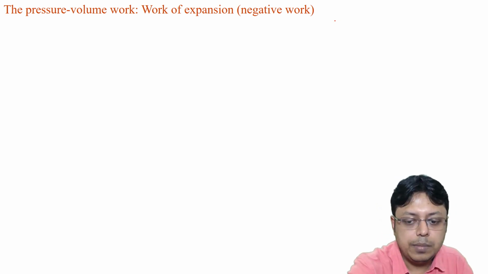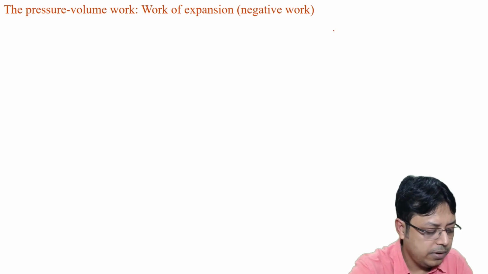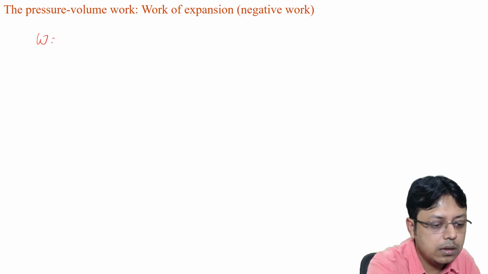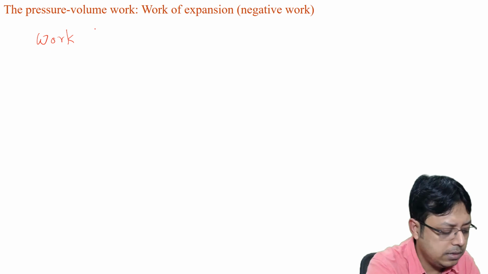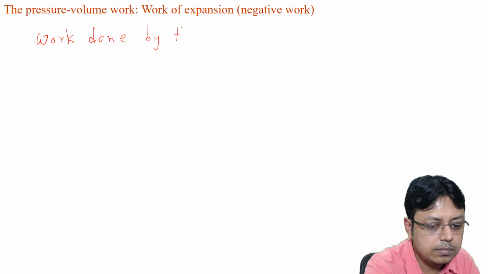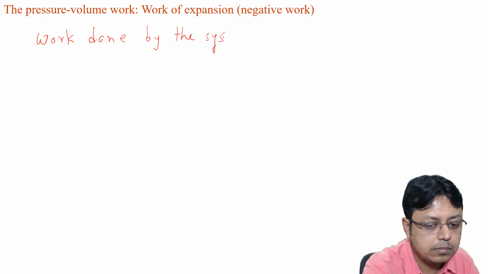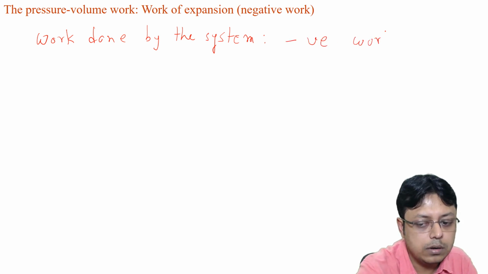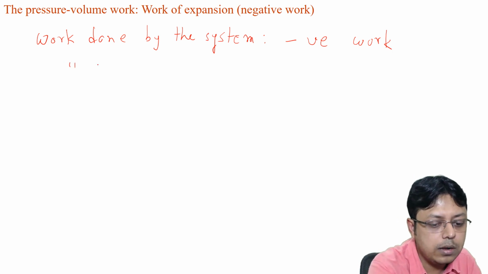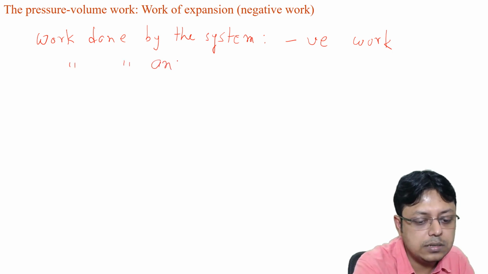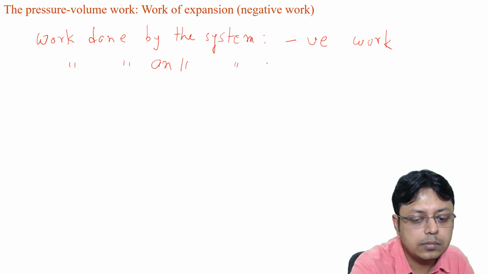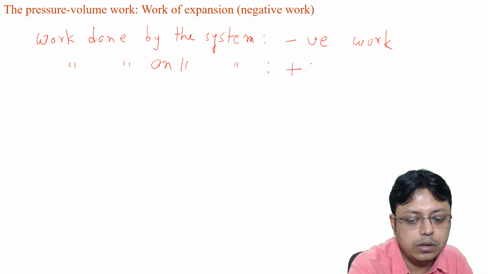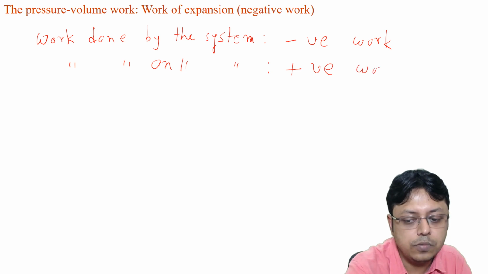Now again, remember that the convention is if the work is done by the system, then we'll call it a negative work, and if work is done on the system by the surroundings, then we'll call it a positive work.